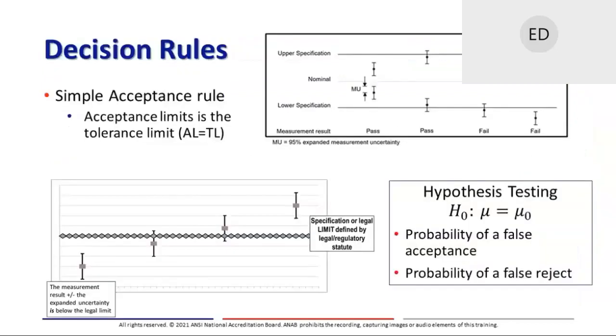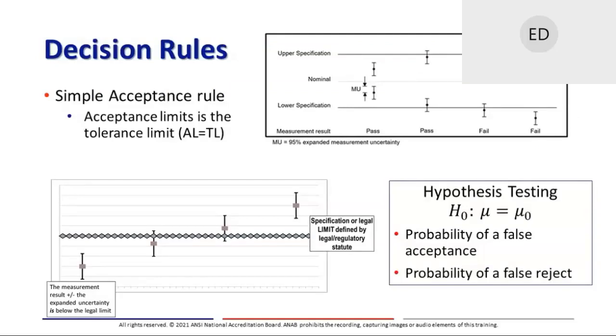So this is just an example of a simple decision rule or simple acceptance rule where you have a stated measurement result with the expanded measurement uncertainty, and you can have the acceptance limits that are stated as tolerance limits. So in this case, the acceptance limit equals the tolerance limit.